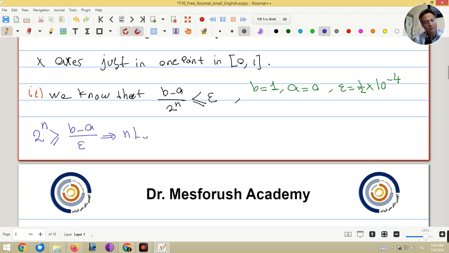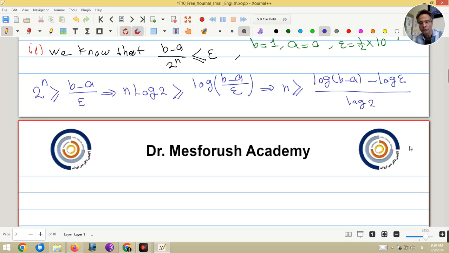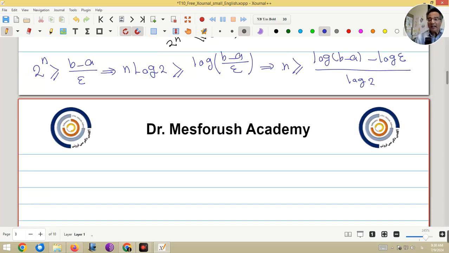So n log 2 should be greater than log((b - a)/epsilon), and this gives n greater than or equal to (log(b - a) - log(epsilon))/log 2.